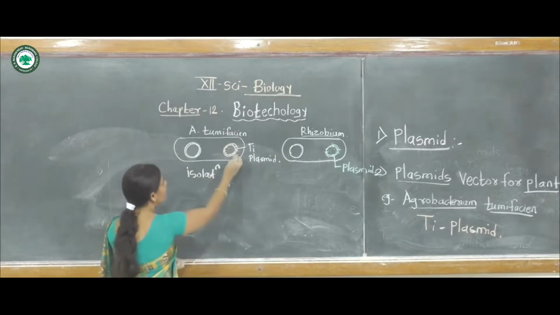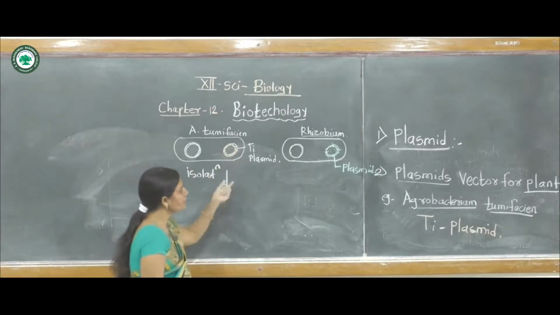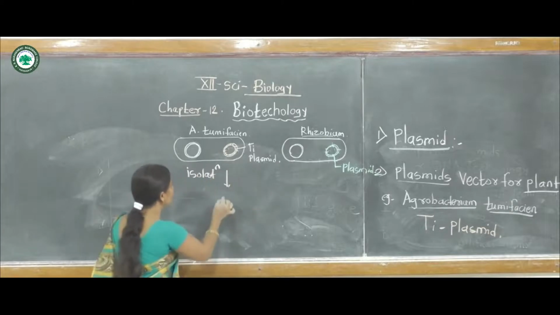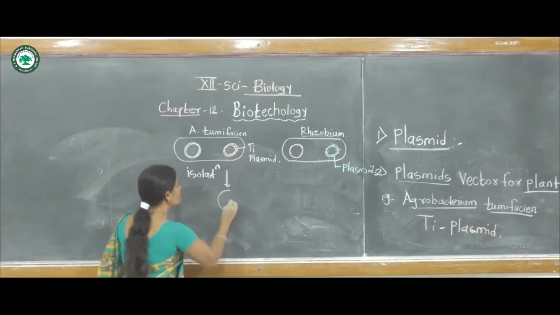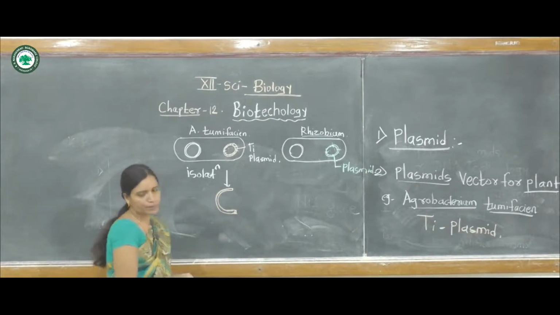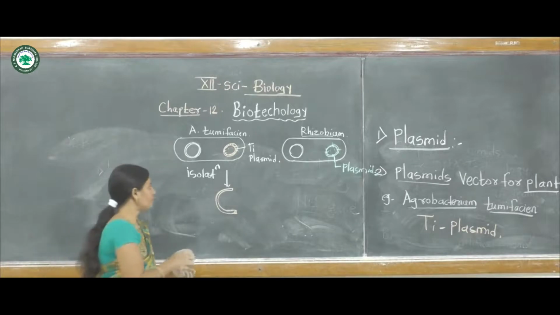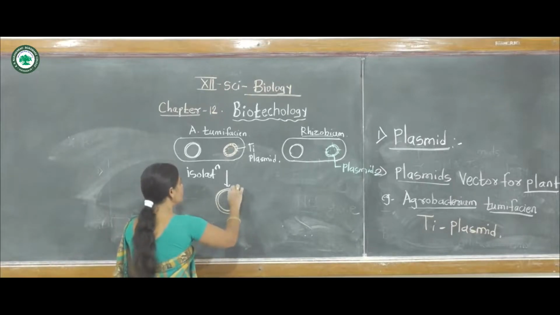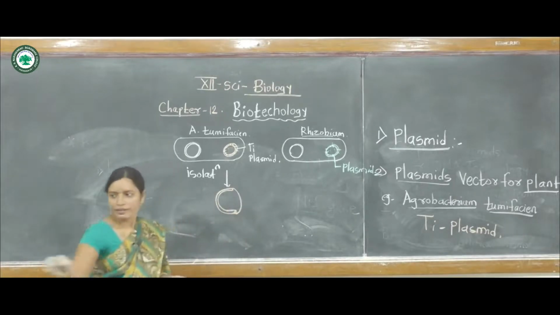This Ti plasmid, the tumor inducing plasmid, is causing tumors, and this plasmid is cut at a specific site. This plasmid is a rounded structure.